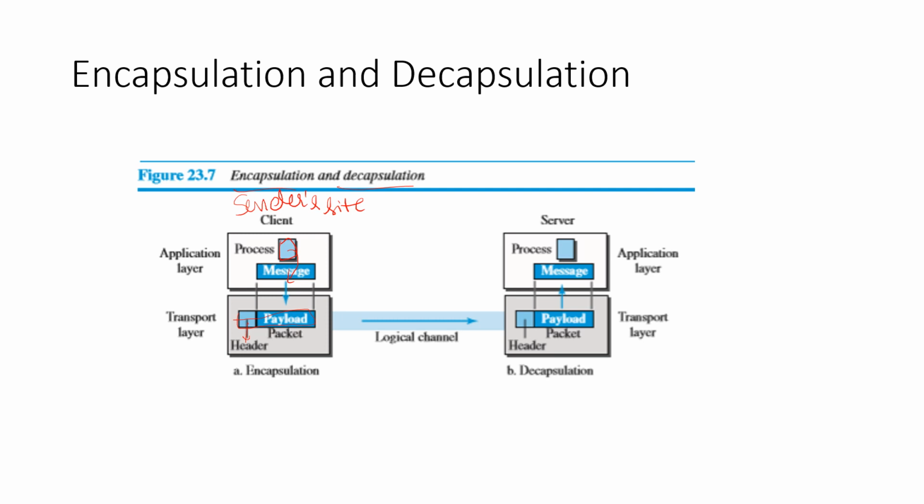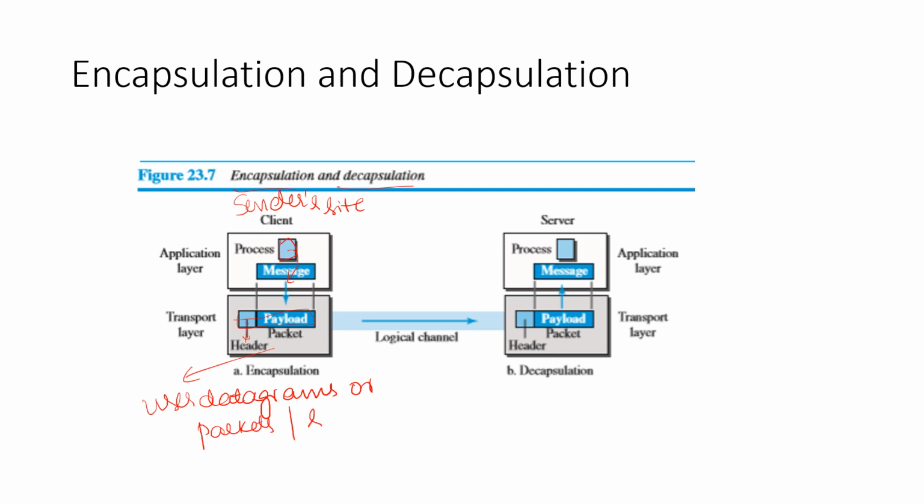The packets framed at the transport layer are now considered to be user datagrams, or we can also call them packets.